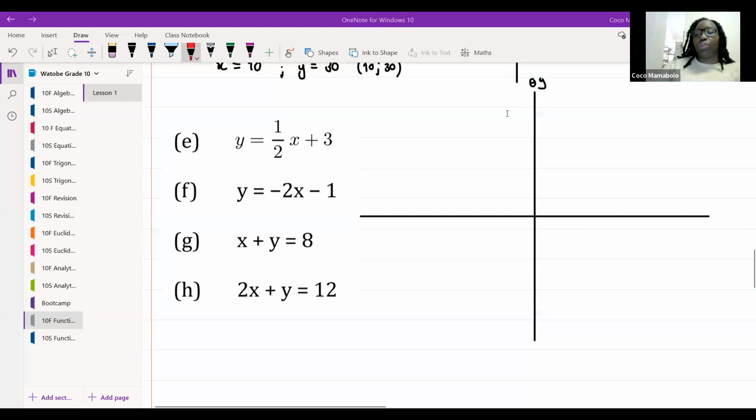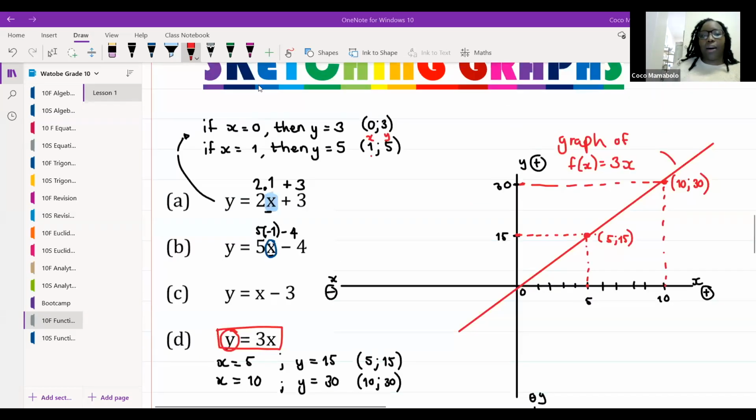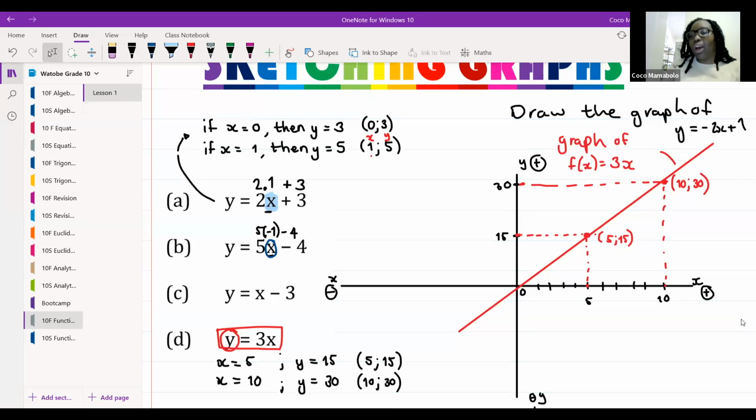So the question will normally say something like, draw the graph of, and then they will either give you y is equal to minus 2x plus 1, or they'll say f of x is equal to 3x minus 2. In this case, you see that they haven't given you any values. So you get to pick those two values and then you draw the graph.